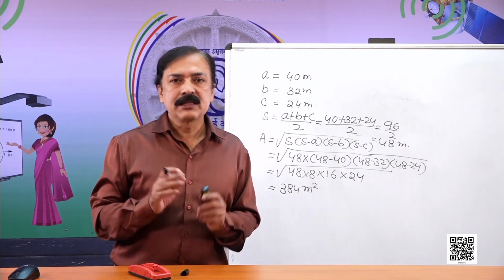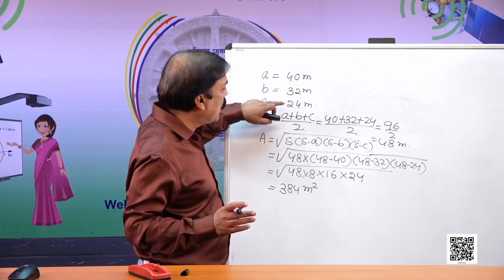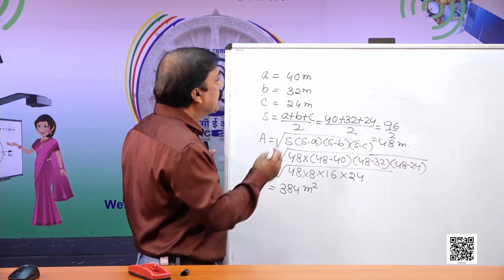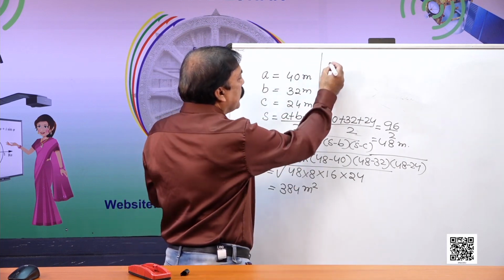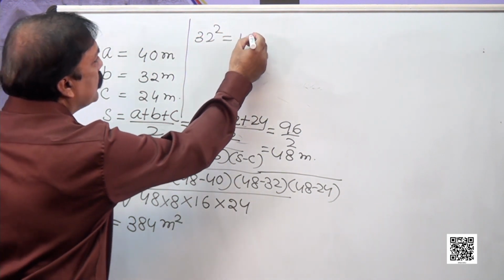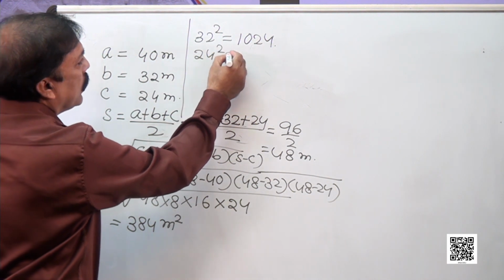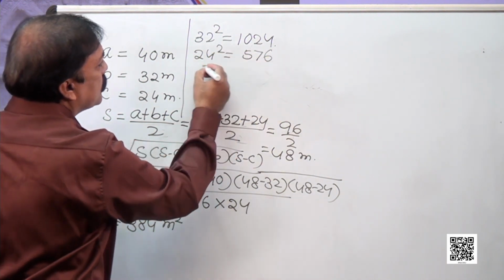If we look at these figures, that is 40, 32 and 24, we can say that 32 square is 1024 and 24 square is 576.